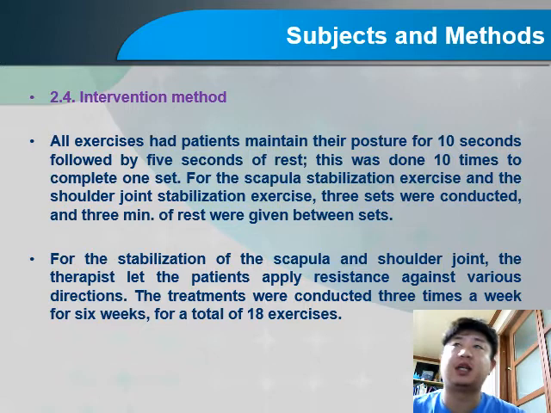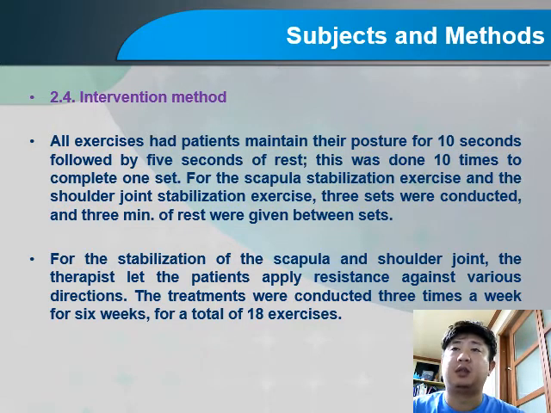All exercises had patients maintain their posture for 10 seconds, followed by 5 seconds of rest. This was done 10 times to complete one set. For the scapula stabilization exercise and the shoulder joint stabilization exercise, 3 sets were conducted and 3 minutes of rest were given between sets.